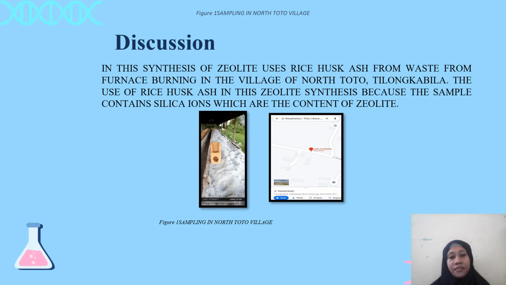In this synthesis of zeolite, we use rice husk ash from furnace burning in the village of Nototo, Tilongkabila. Rice husk ash is used in this zeolite synthesis because the sample contains silica, which is the content of zeolite.